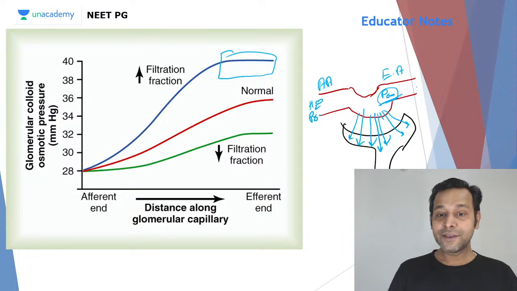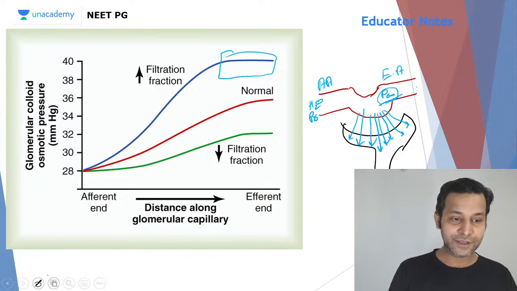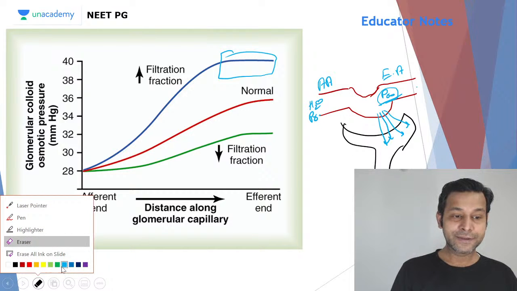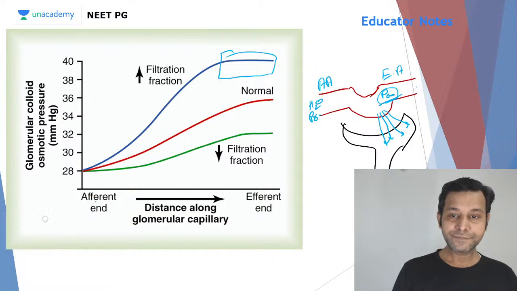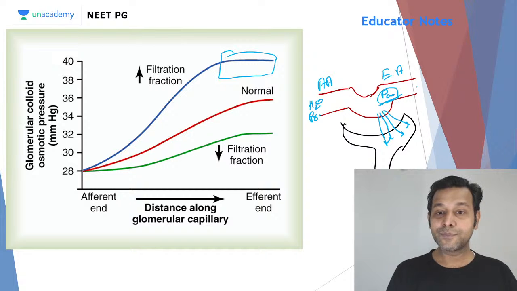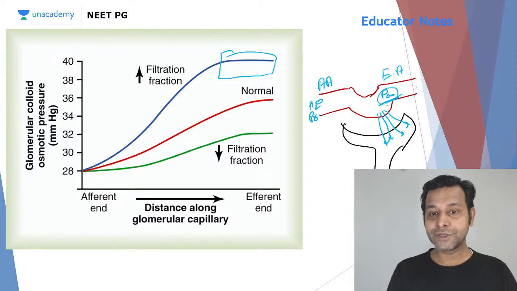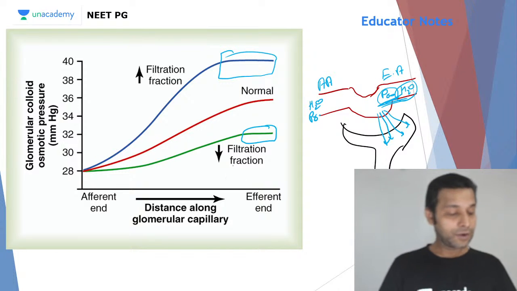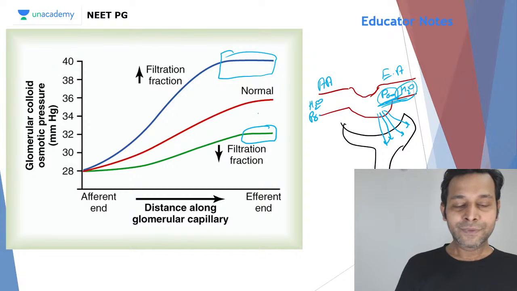And if there is lesser filtration, then we will have a relatively lesser protein concentration, meaning we will have still some water left with protein, and that indicates a lesser filtration fraction will have lesser colloidal osmotic pressure.